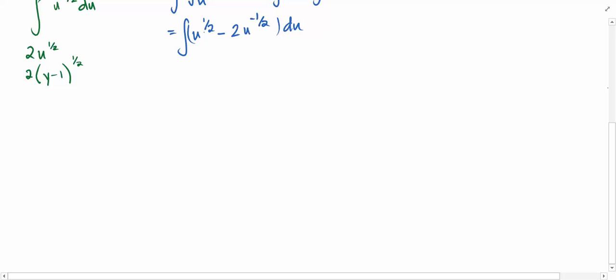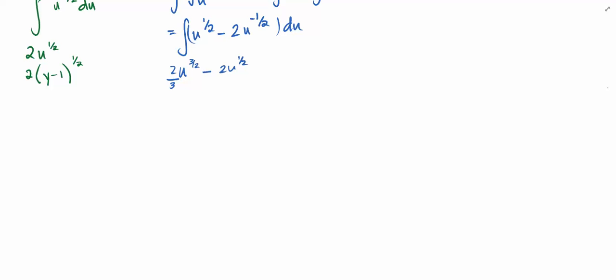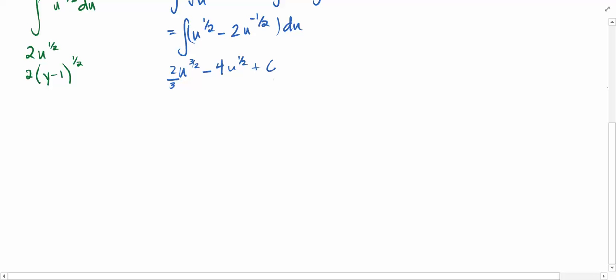Now when we integrate this side, we're just doing it the same way. So we're going to say plus 1, we get u to the 3/2 over 3/2. Then we're going to say minus 2u to the 1/2 over 1/2, so really it becomes times 2, which becomes 4, and then plus our c.